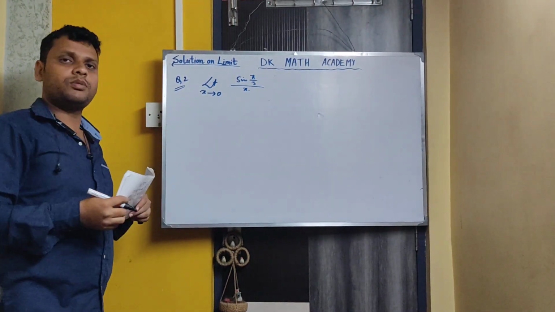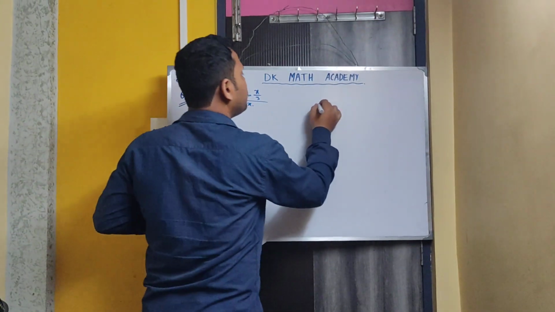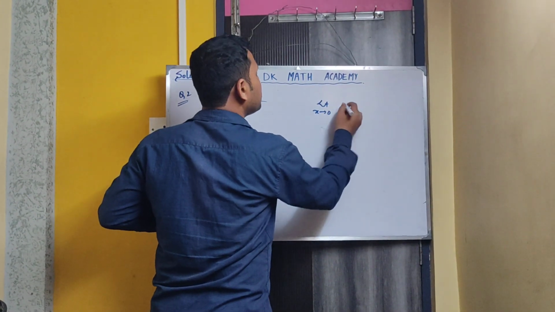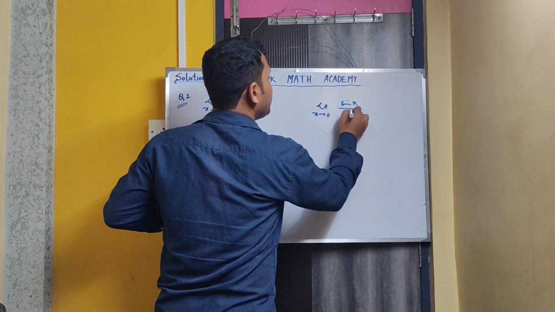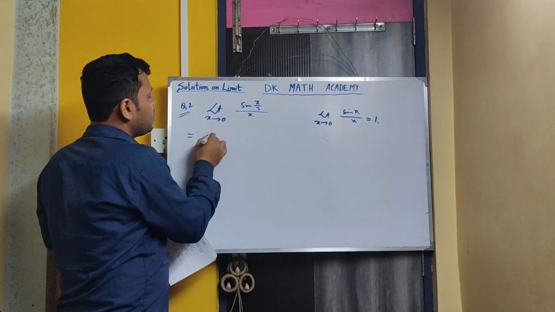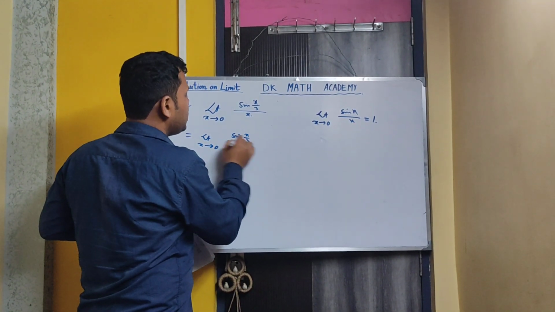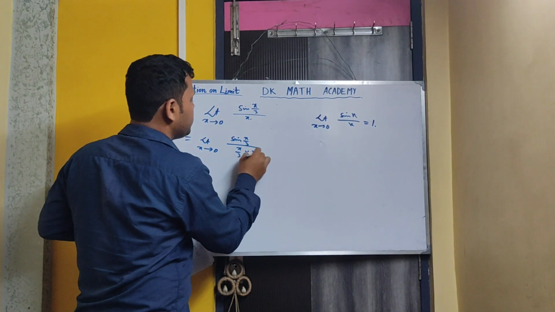This is the second problem. Here we know that limit x tends to 0, sin x by x, is 1. Now we derive it as sin x by 3 over x by 3, into 3.